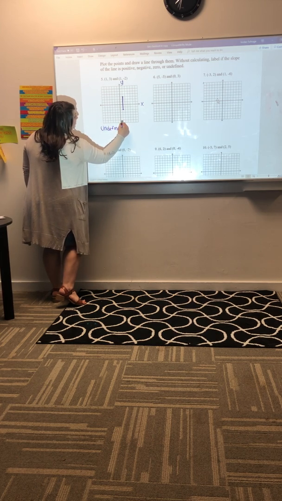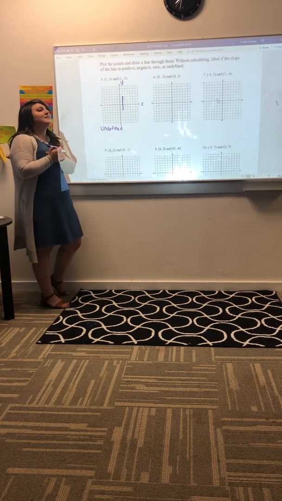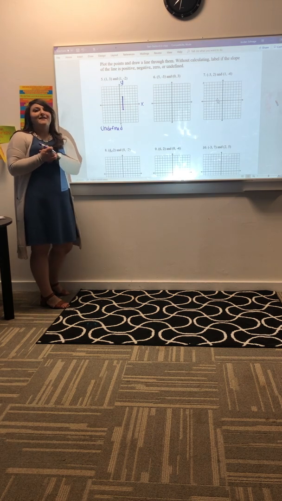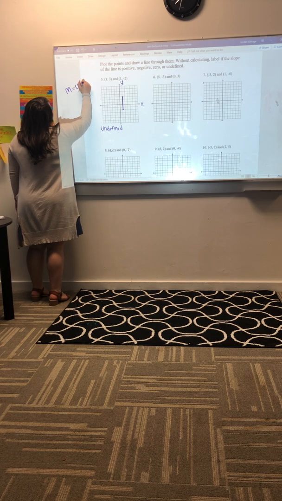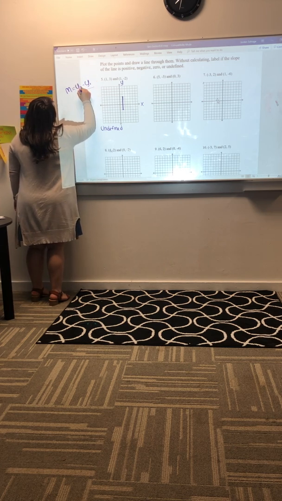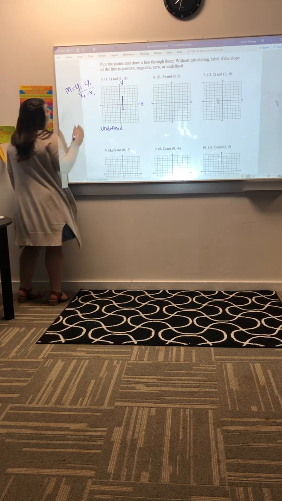So the next thing we're going to do is we're actually going to use our slope formula to see if when we solve it mathematically that we get the same answer. So I'll write the slope formula for you on the side here. Okay.